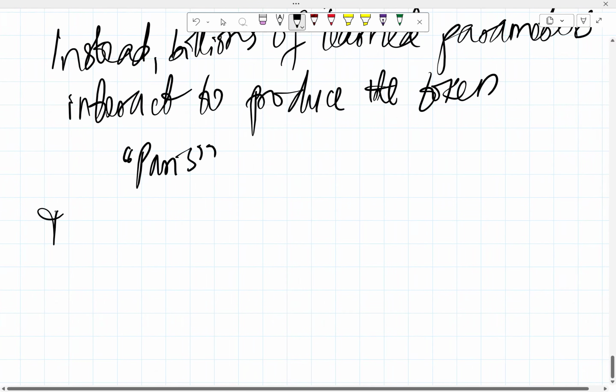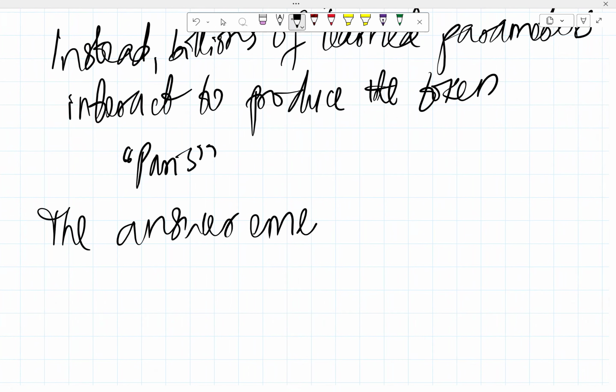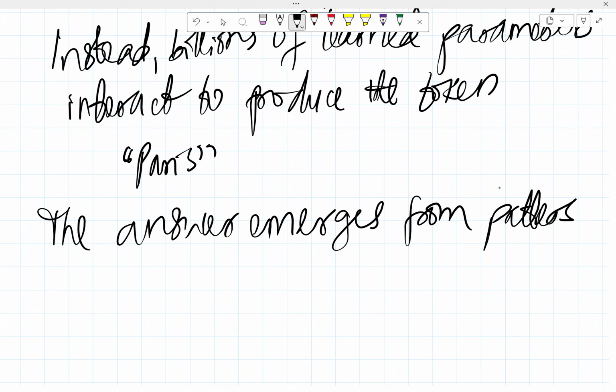So the answer emerges from patterns stored throughout the network.